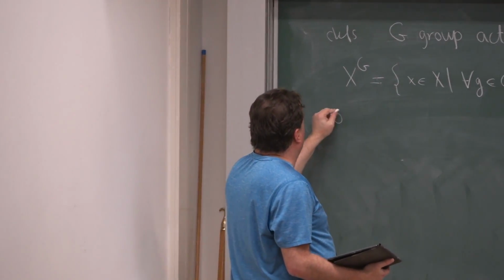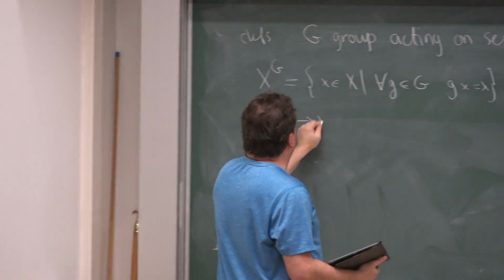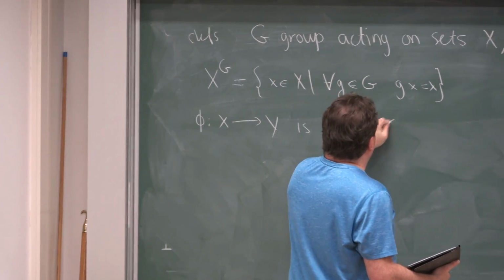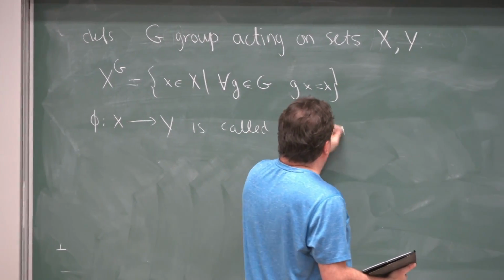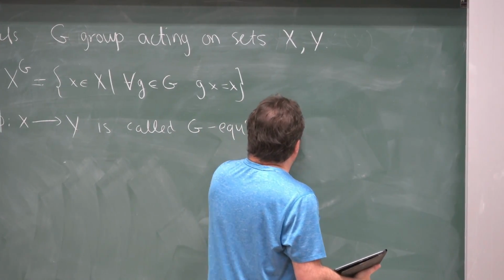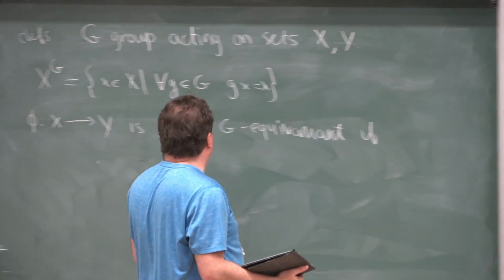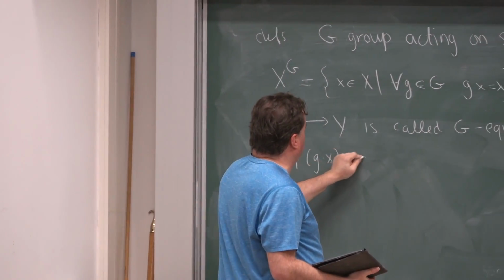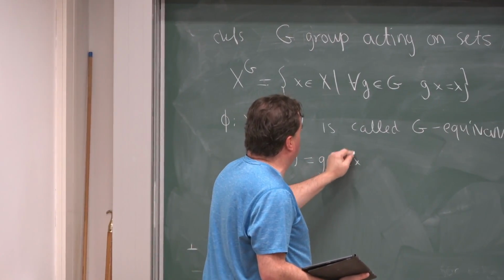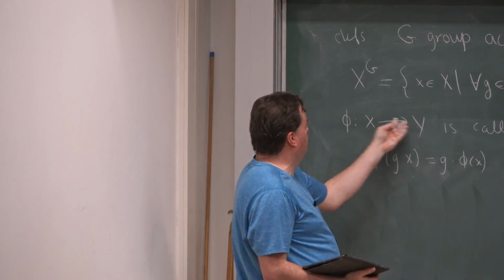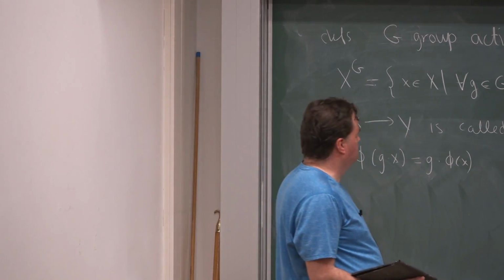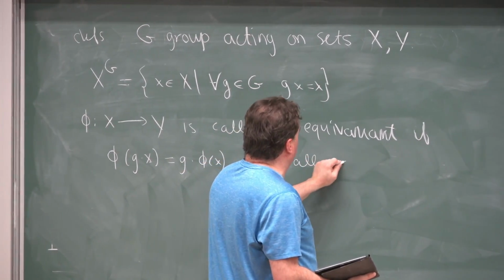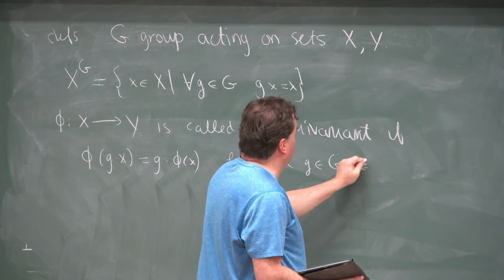A map phi from X to Y is called G-equivariant if phi of gx is g times phi of x. So the action commutes with the map, for all g in G and x in X.